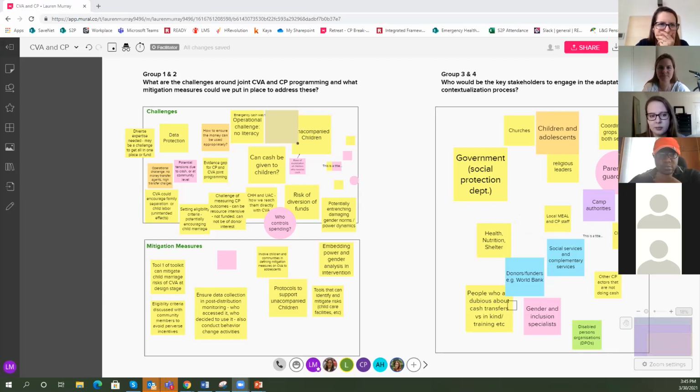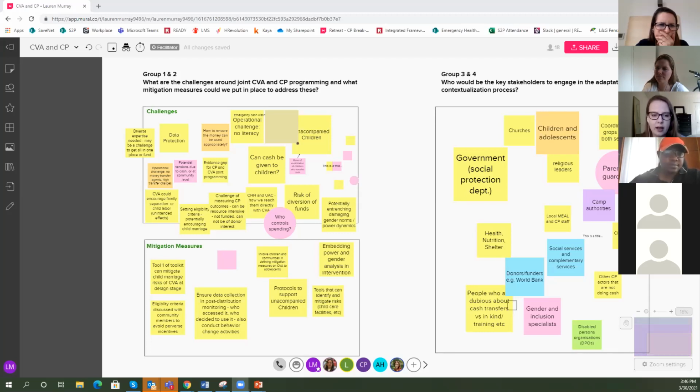Also discussing eligibility criteria with community members to avoid perverse incentives. We also talked about the way cash is distributed, potentially entrenching damaging gender norms or power dynamics, and talking about embedding a power and gender analysis in the design and intervention in order to mitigate that.